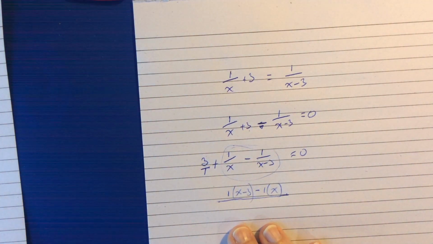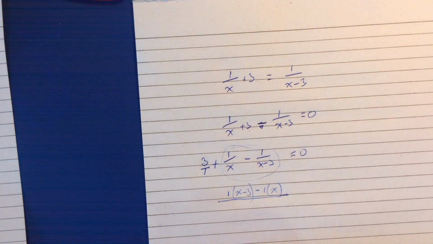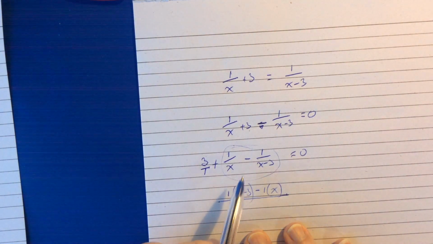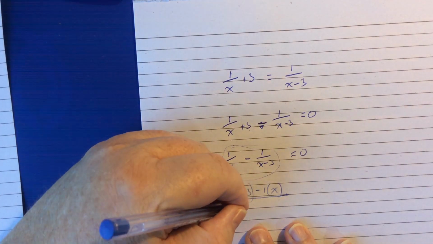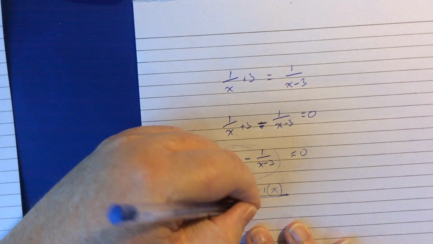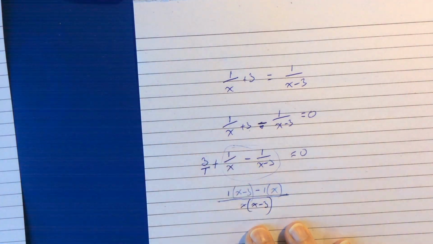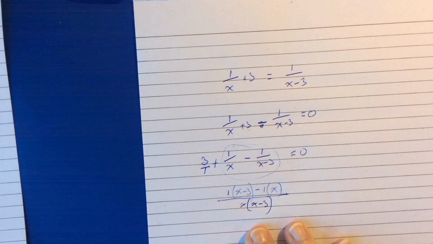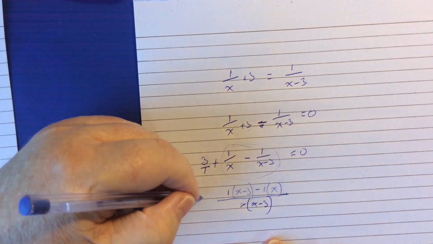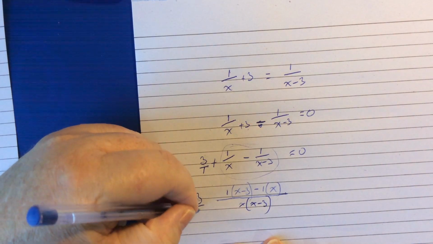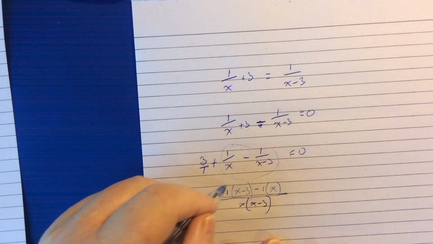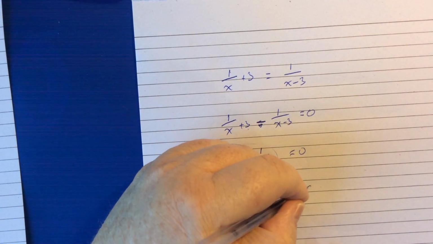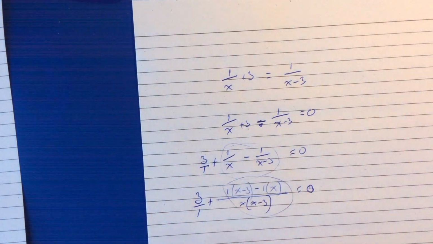I'll just get a new pen because the ink in this is running out. 1 over x, and I multiply the denominator, so that is x into x minus 3. And when I tidy all that up, I have 3 over 1 plus this expression here equals 0. That's a 0.